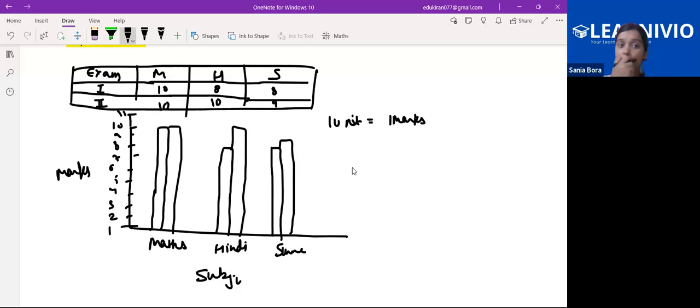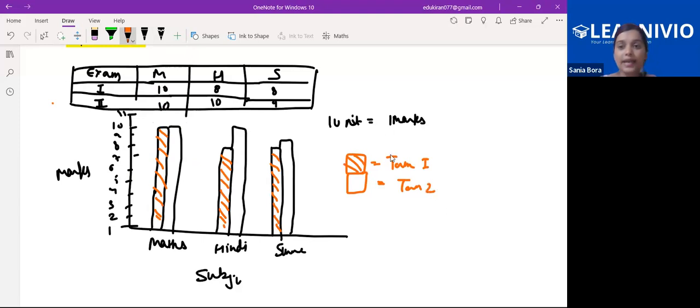Now in a double bar graph you basically need to represent one more thing. For example, over here you shaded this one. Like this you made the lines. So here you will make two boxes, which is called the index. One will be shaded, you will write term 1, and one will be blank, that will be term 2.